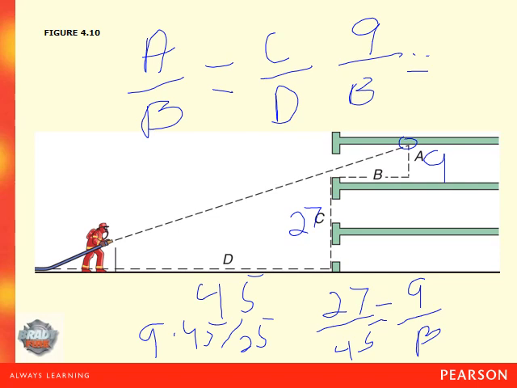And then we want to divide that by 27. And that gives us an answer of 15. So it is 15 feet in, approximately.